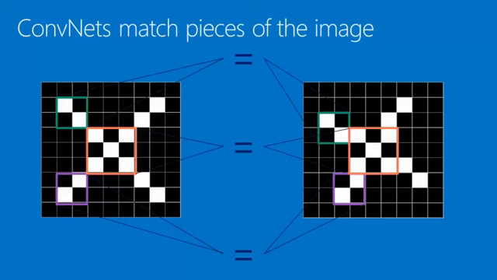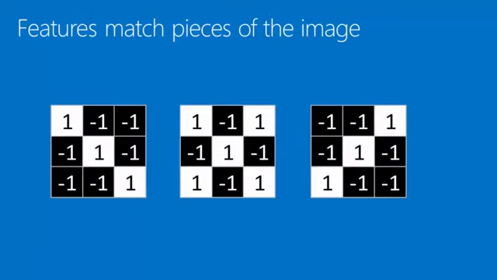Now, one of the tricks that convolutional neural networks use is to match parts of the image rather than the whole thing. So if you break it down into its smaller parts or features, then it becomes much more clear whether these two things are similar. So examples of these little features are little mini images.